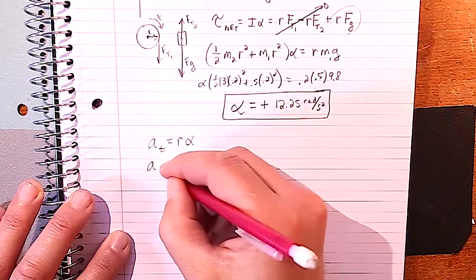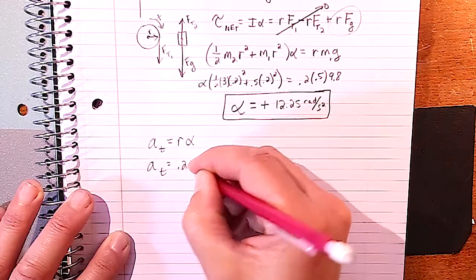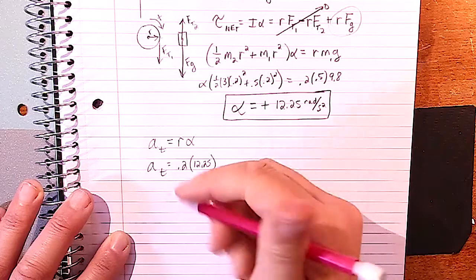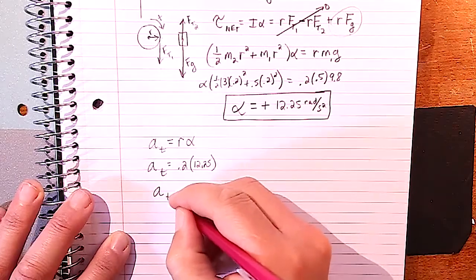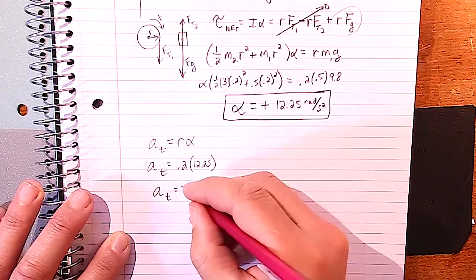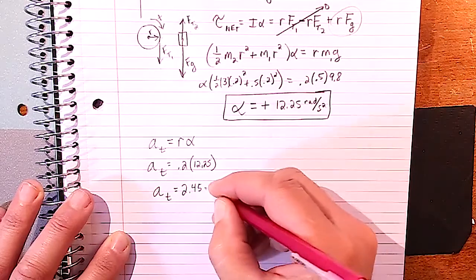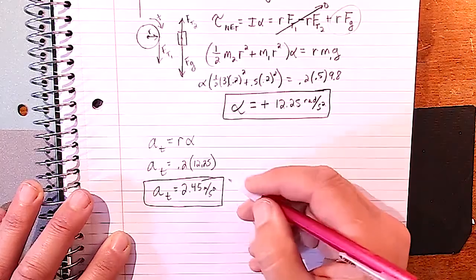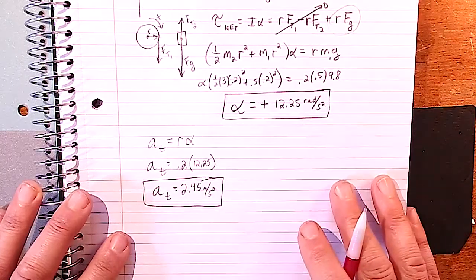So that's just A_T equals 0.2 times our 12.25. So our tangential acceleration, which is our linear acceleration in this case, is 2.45 meters per second squared. Also positive, which is down in this case.